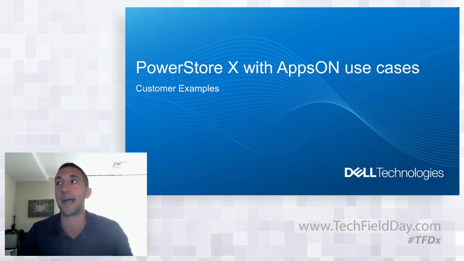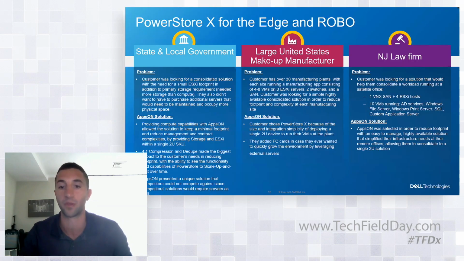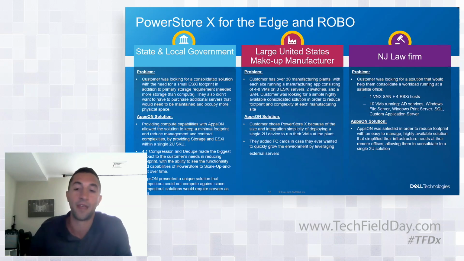So let's get into some of the actual use cases that we see our customers using AppsON with. Here are 3 examples of PowerStore with AppsON being used for edge and ROBO deployments in order to consolidate infrastructure. In these examples, you see 3 customers running 3 to 4 ESX servers and a SAN for a small number of VMs at their ROBO sites, or for example, in this middle one at a manufacturing plant.